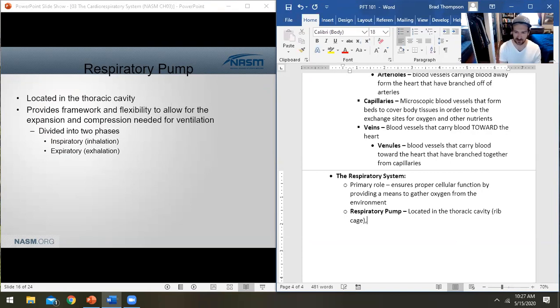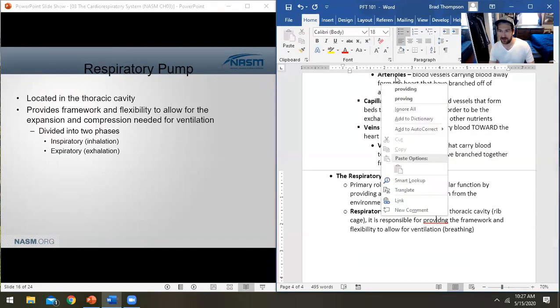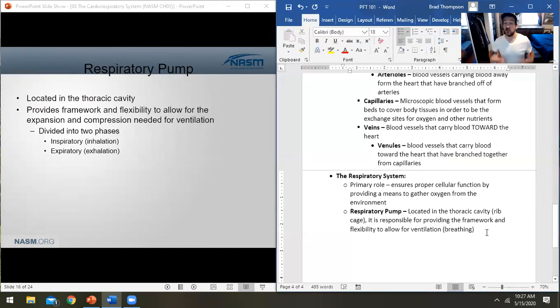It is responsible for providing the framework and flexibility to allow for ventilation, or breathing, which is our big fancy word for saying breathing. So you've got this really cool rib cage here that is able to expand and open up and contract and relax down.